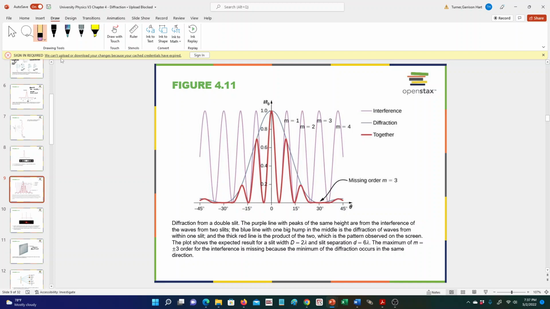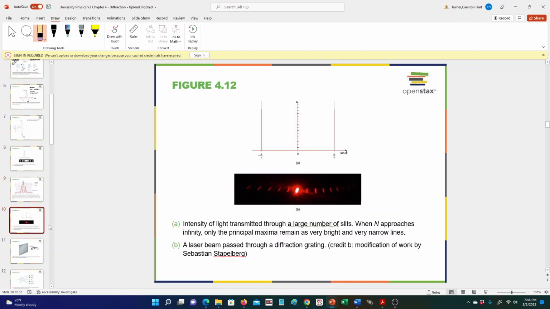Now, double slit interference, what about diffraction gratings? What about when you have really, really thin diffraction gratings? What you actually see in this case is you still see a central maximum, but then you see really bright slits on either side with really dark gaps in between.